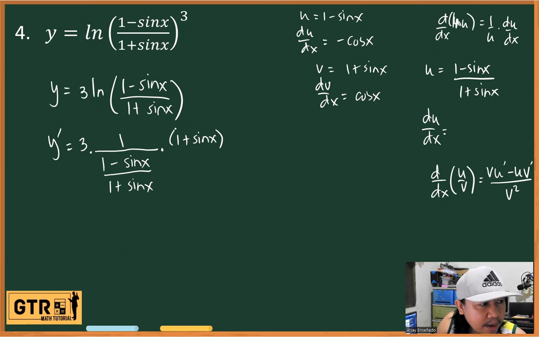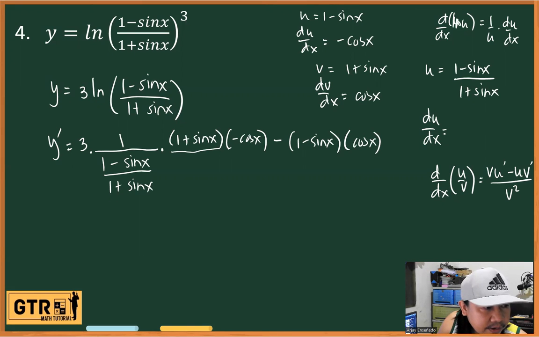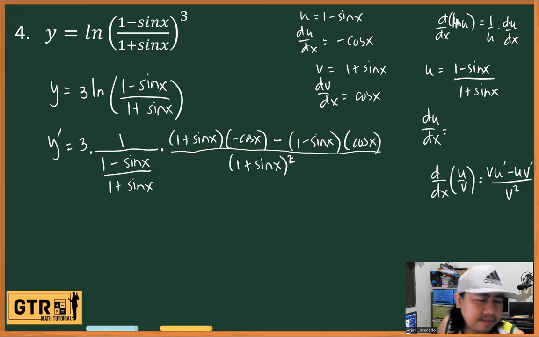So we have 1 plus sine x, and the derivative of this is negative cosine x, minus the numerator, 1 minus sine x, and then v prime, which is cosine x, all over the denominator, 1 plus sine x squared.